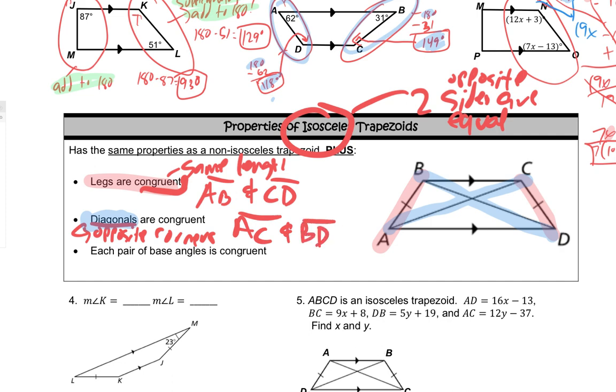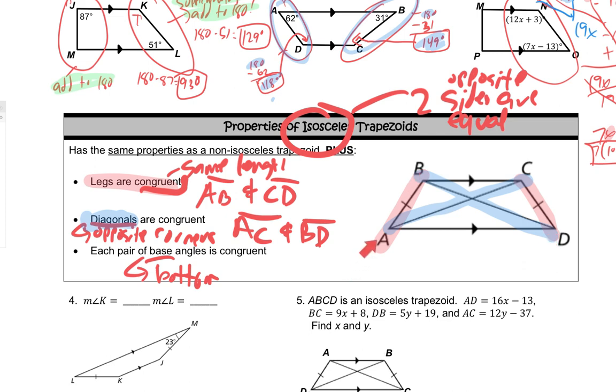And then the last thing: the isosceles has all the same properties as the non-isosceles. So it has consecutive angles that add up to 180, and it has the parallel sides, just like we talked about. But also each pair of base angles is congruent. The base means the bottom. So the base angles would be this one and this one.